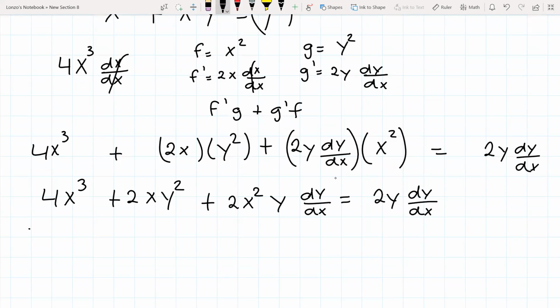Then anything with the dy/dx, get on one side, anything that doesn't, move it to the other. So this 2y dy/dx, let's move it to the left, so subtract 2y dy/dx. And then subtract 4x cubed and subtract 2x y squared.